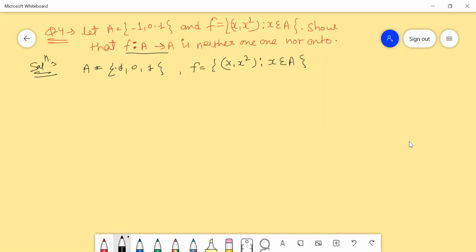The function is defined from A to A, right?